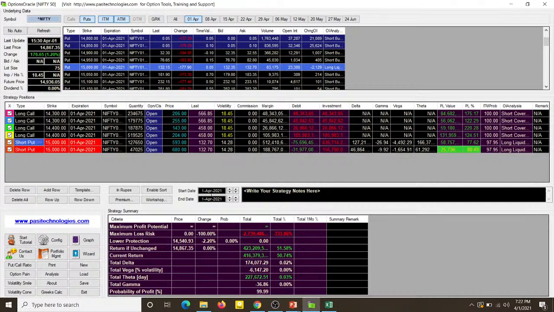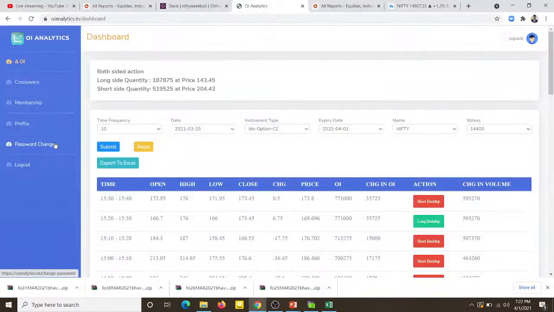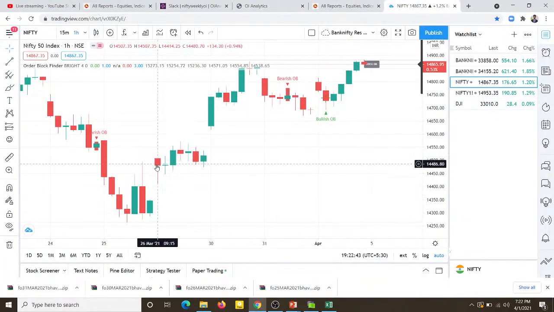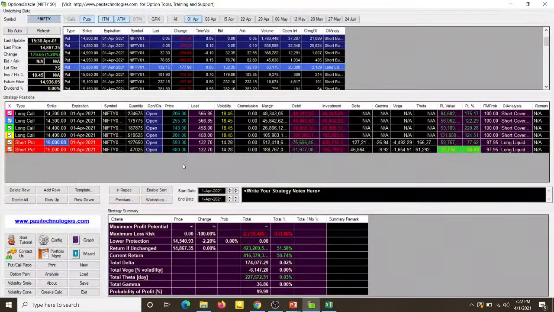So this means that the market has to go higher and higher and higher for these positions to be in profit now, correct? This says that on the opening of the market on 26th, it is expected to go higher because this position says that it is profitable if the market goes higher.